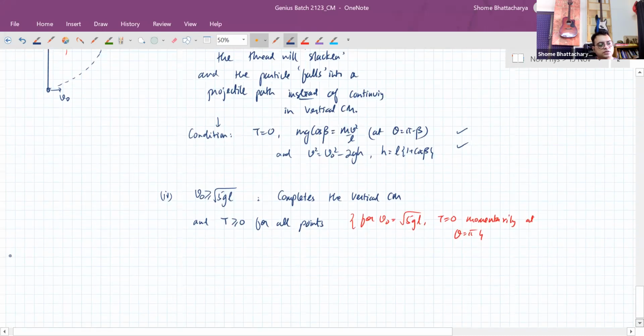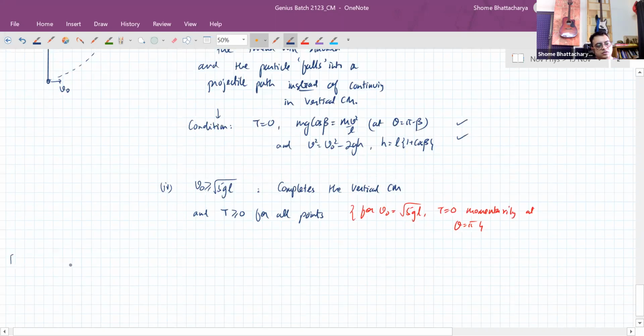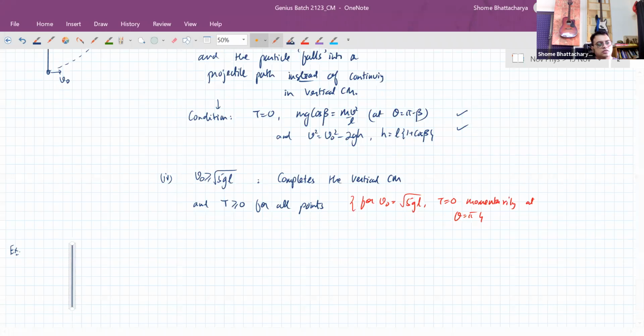Okay, so let's look at this with a numerical example. So we have the standard situation now, given that the length of the thread is 10 meters.